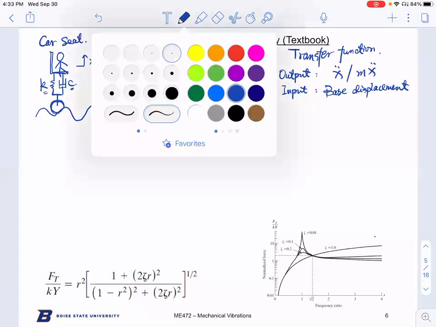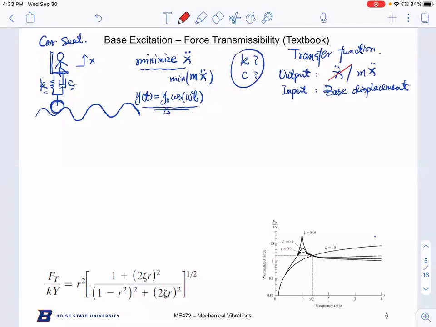To simplify our discussion, we focus on the second one. The benefit of adding an m in front is that eventually the transfer function can be unitless. So that means we want to calculate m x double dot over y, right? So that's our transfer function.